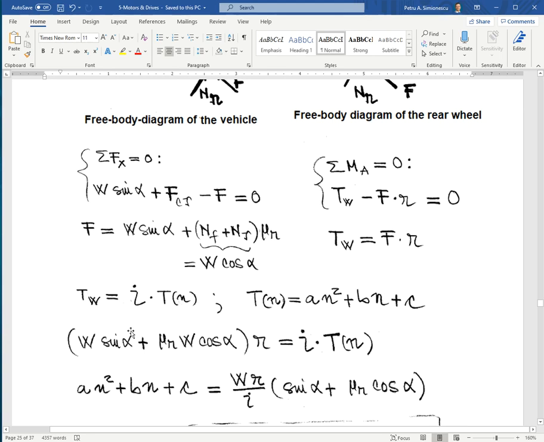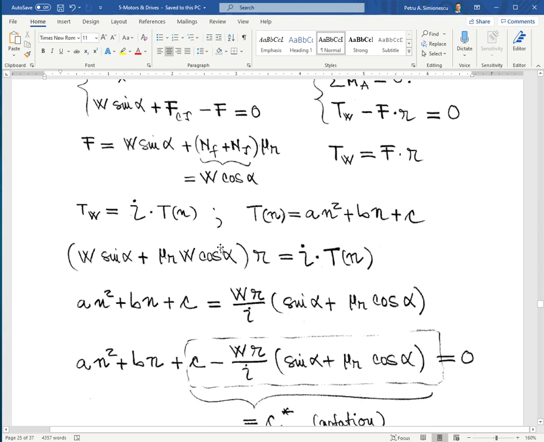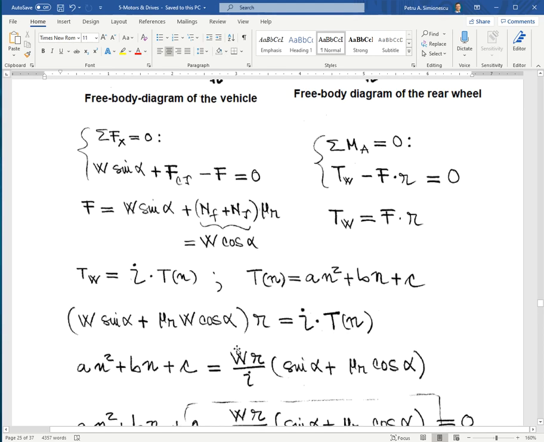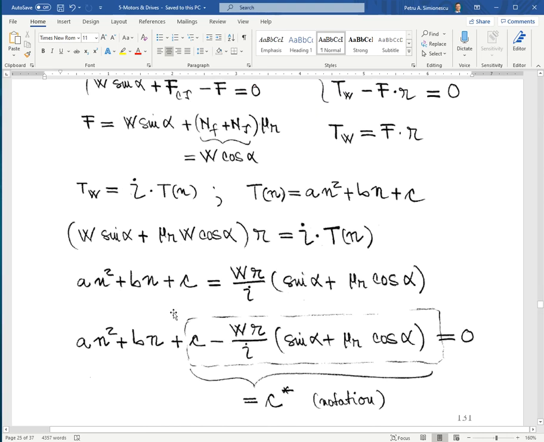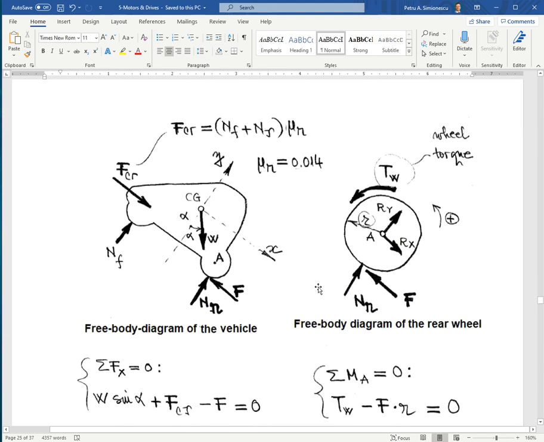I have the friction force substituted again in the second equation, and then I take the torque equation at the crankshaft and set it equal to it, again intersecting two curves.